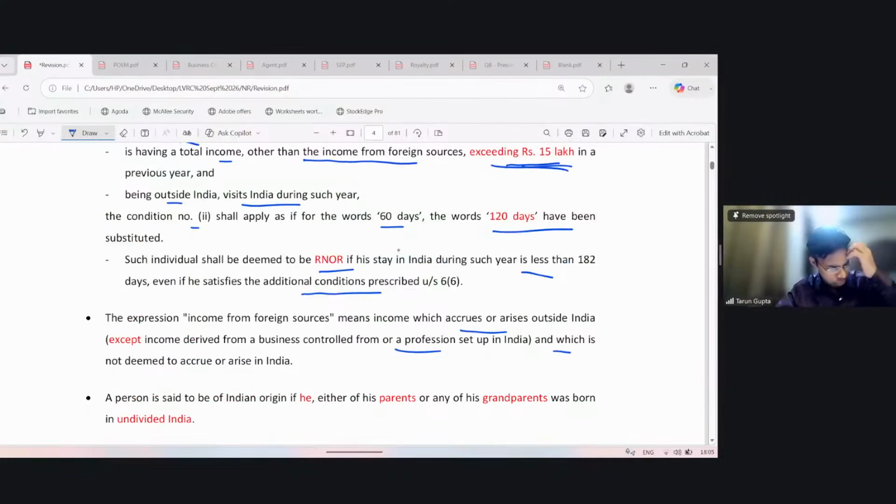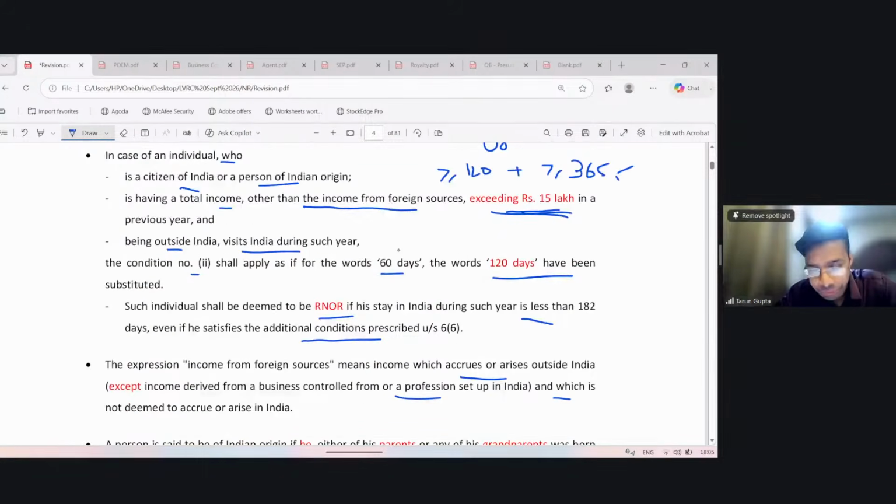So for computing this 15 lakh rupees, we have to take all Indian income, income which is accruing or arising in India, plus income which accrues outside India from a business controlled from or profession set up in India. These two incomes have to be aggregated to see whether the limit of 15 lakh is satisfied or not.